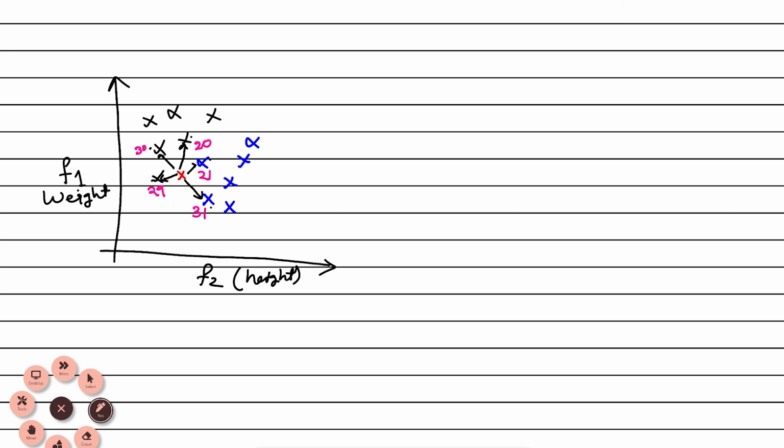So the predicted value will be 30 plus 20 plus 21 plus 31 plus 29 divided by 5. So this will be the case of regression.